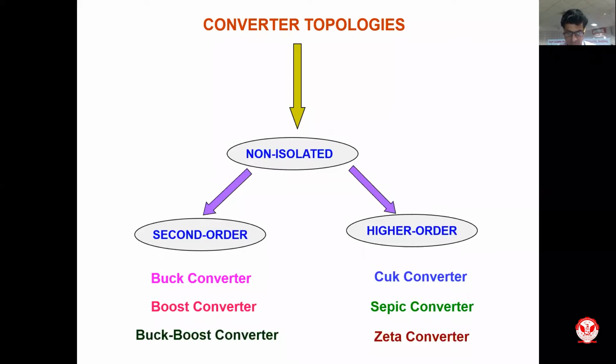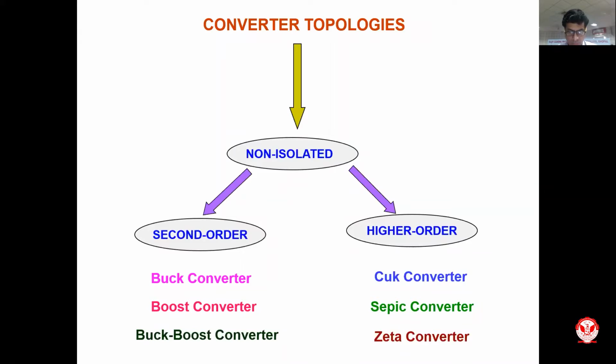So why I classify them as second order and higher order is, if you recall and look at the structure of a conventional buck converter or boost converter, you'll find that it has one inductor and one capacitor. So ultimately it has only two energy storage elements, and these two energy storage elements contribute to each order.